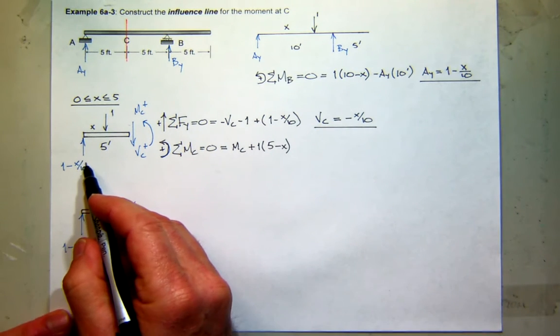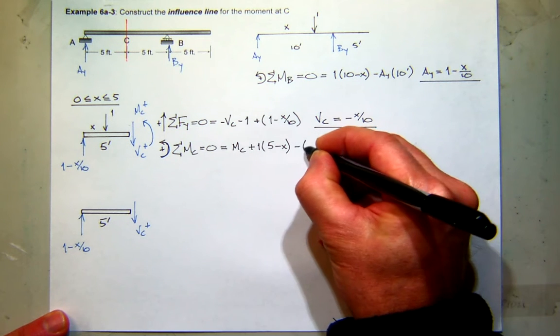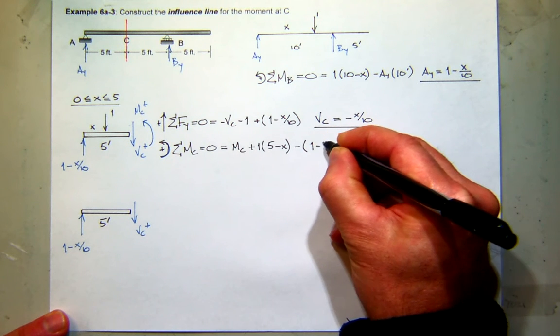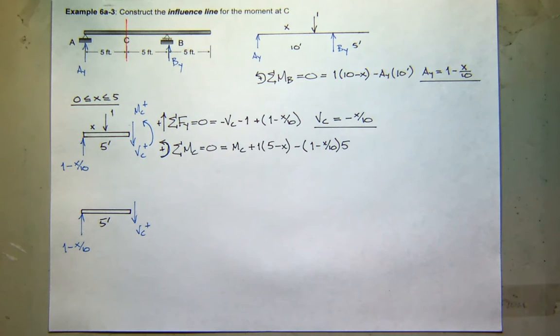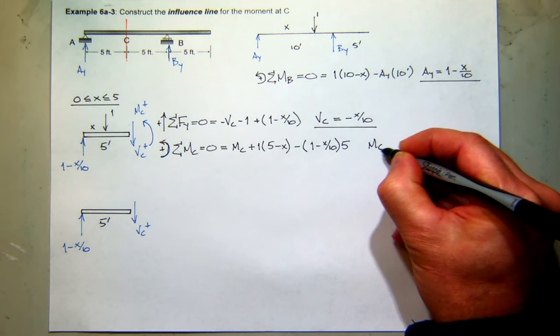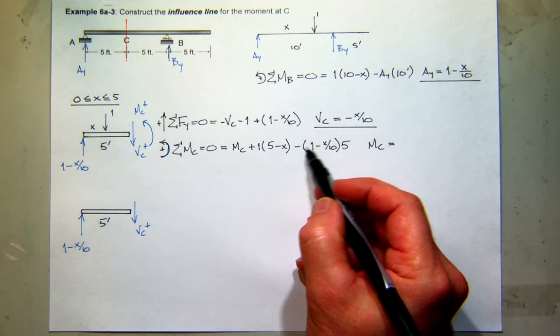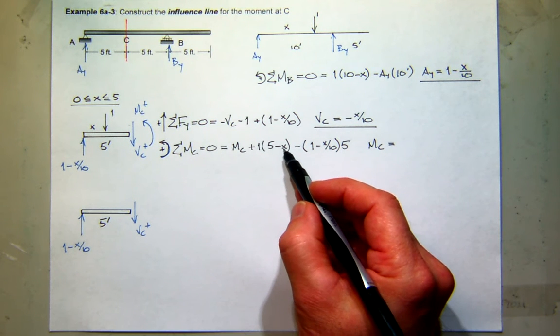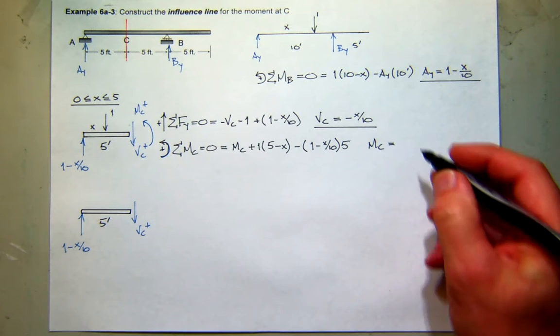And then the reaction at A in the y direction will be negative, and that will be 1 minus x over 10 times 5. So what's the moment at C? Let's see, that 5 cancels that 5, and I've got 1x minus half x, so it looks like half x.